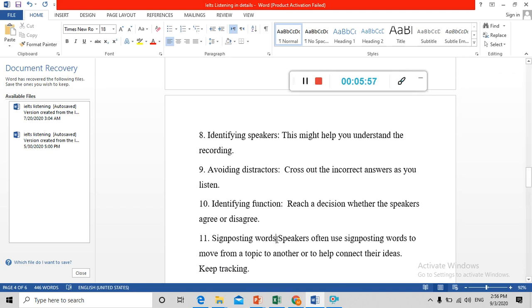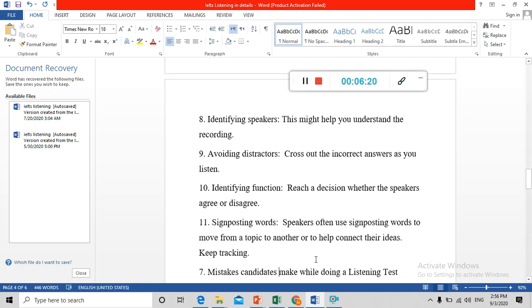Speakers often use signposting words to move from one topic to another or to connect their ideas, which means they say, however, then they change to another topic, or but, this means they change the mood of the context. So we have to keep tracking.